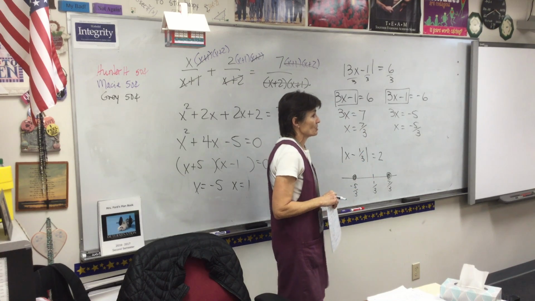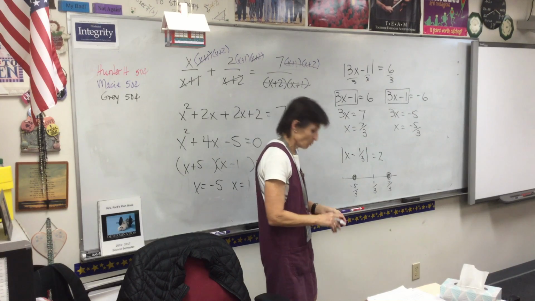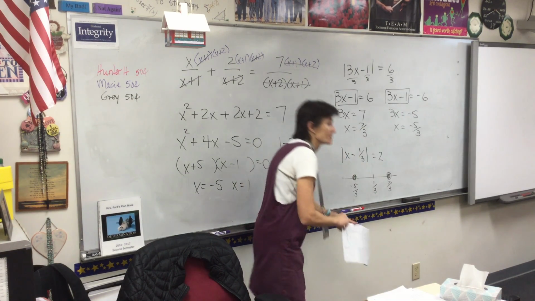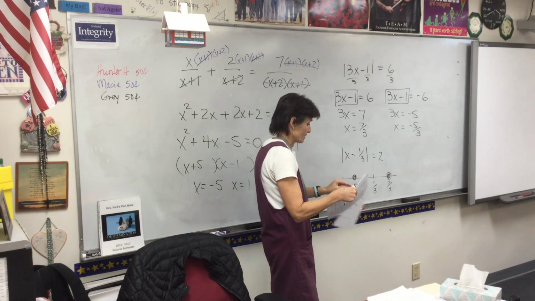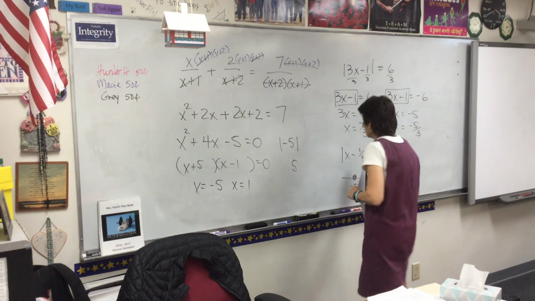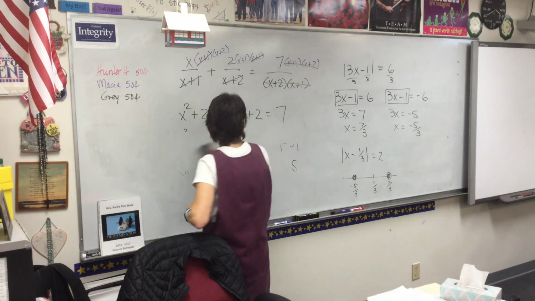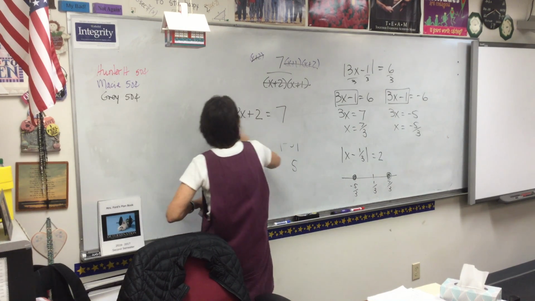It's the other side that changes. So 3x minus 1 equals 6, or 3x minus 1 equals -6. And then you solve those equations. All right, if you've forgotten how to do any of that, you probably better put a little star next to it. That's something you're going to study.